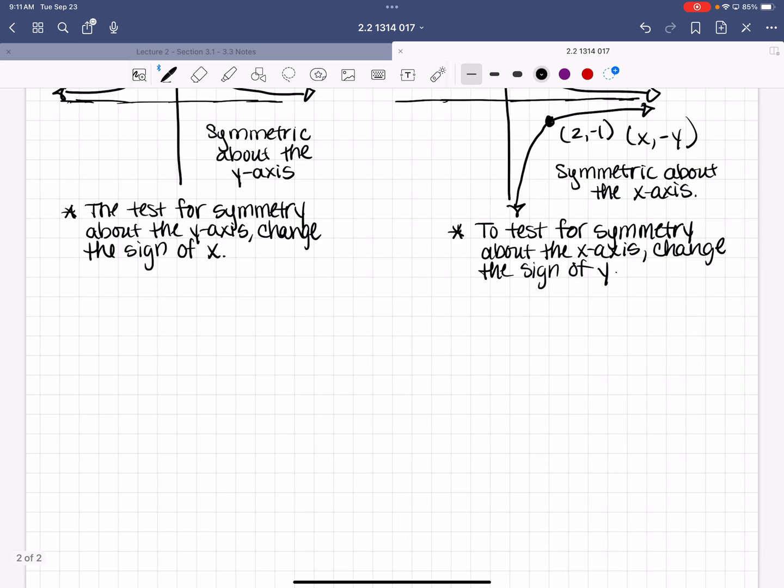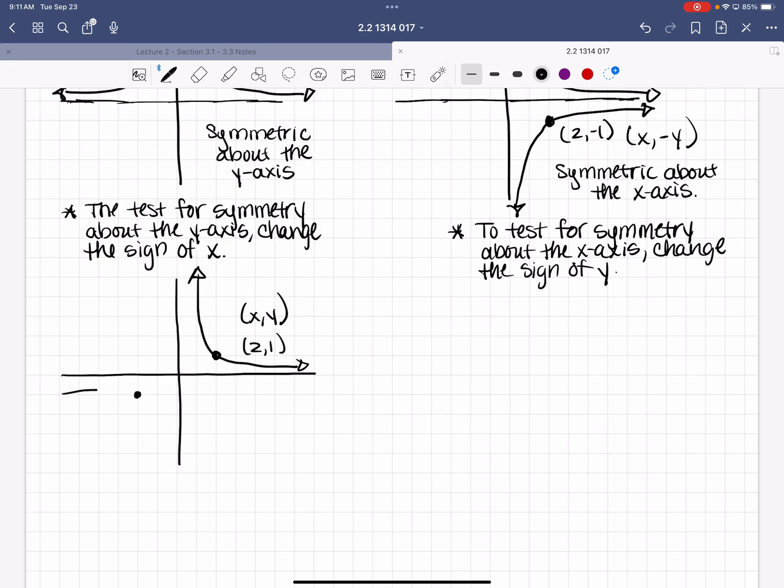Okay? So when we have symmetric about the origin, we still got our point 2, 1. And then we're going to have our point negative 2, negative 1.